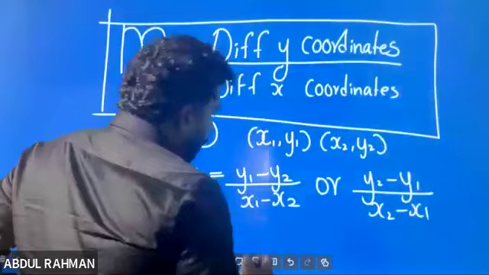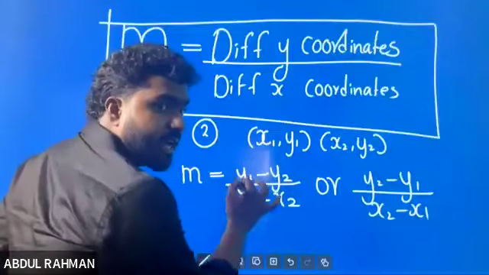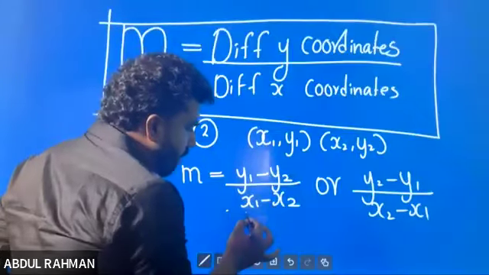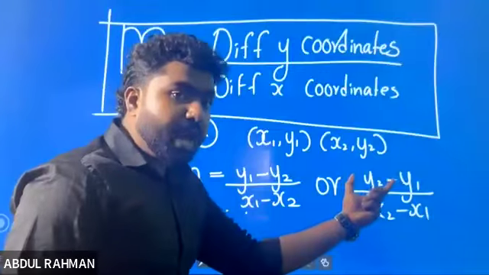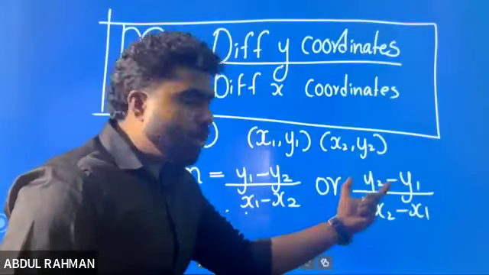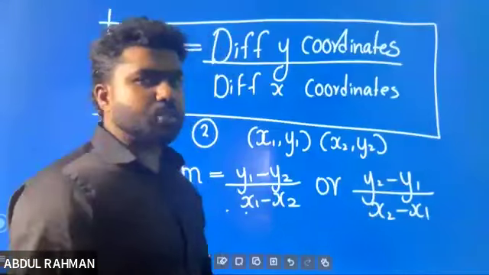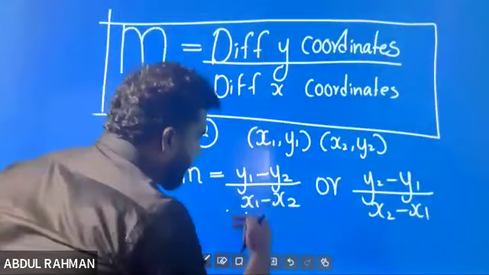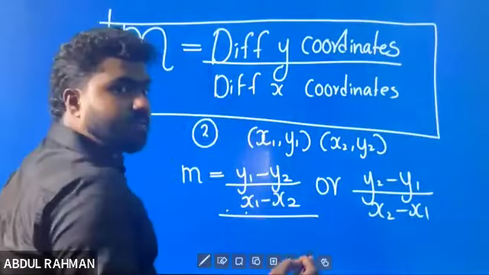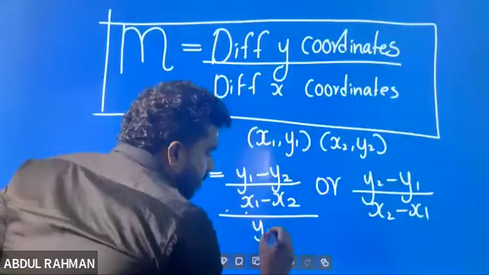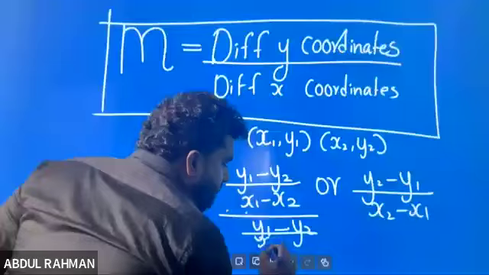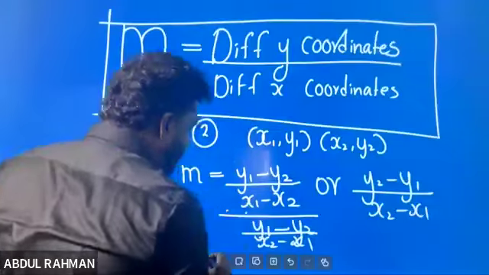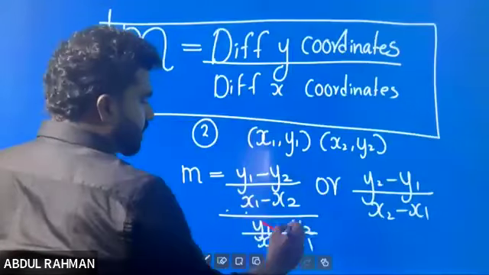If on the top you have taken y1 first, on the bottom it should be x1. If on the top you have taken y2 first, on the bottom it should be x2. Now, if I write y1 minus y2 over x2 minus x1, this is completely wrong.